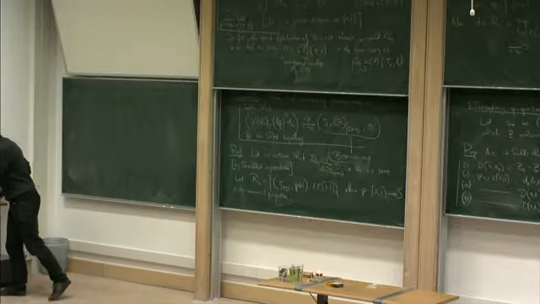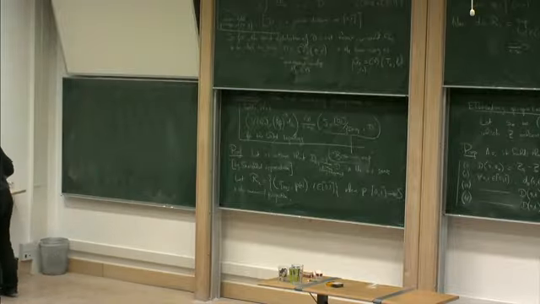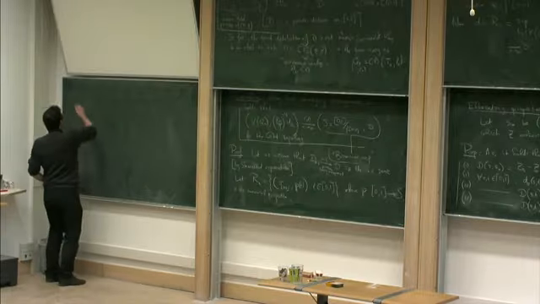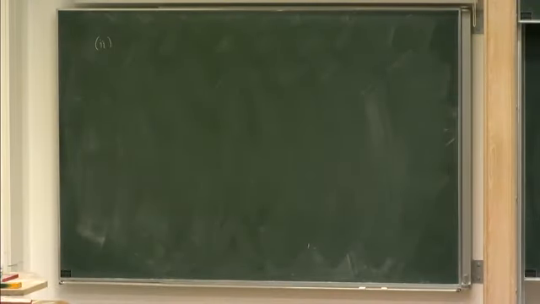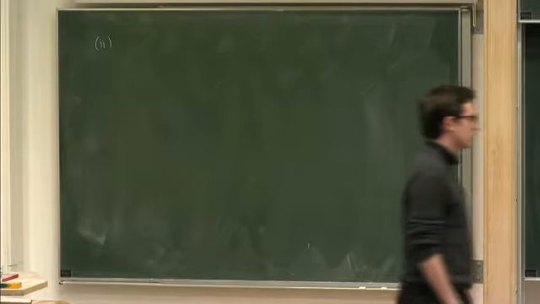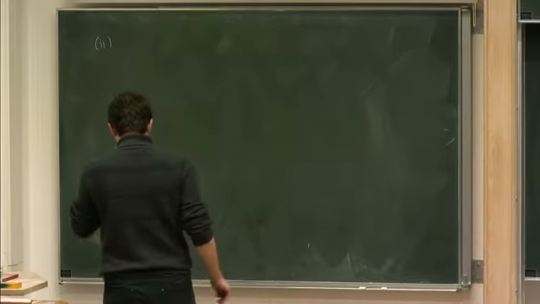Okay, so now let's look at 2. So 2 means that if S and T code the same point of the CRT, the continuum random tree, then they're at distance 0.